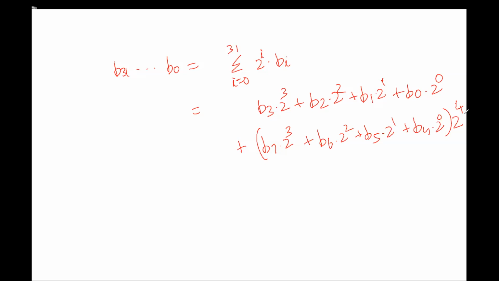Does this make sense? Because when you take 2 power 4 inside, you get B7 into 2 power 7, B6 into 2 power 6, and so on and so forth. Yes or no?